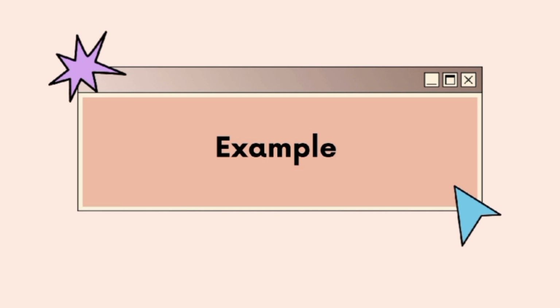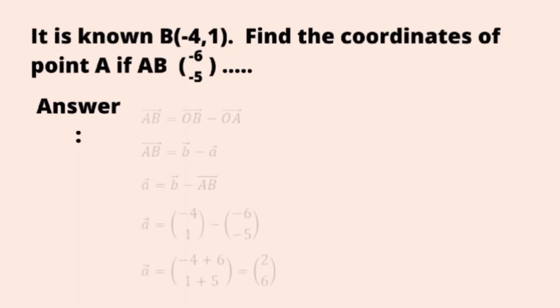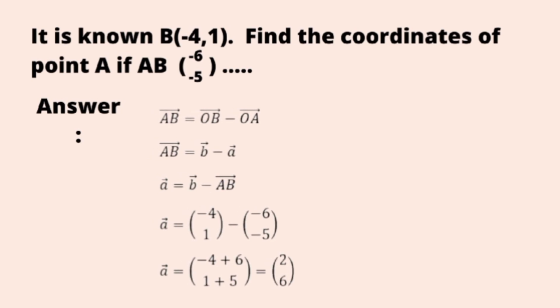So now we will discuss about the example from vector operation. The first example is, it is now B point then negative 4, 1. Find the coordinates of point A if AB negative 6 and negative 5. The answer is AB vector equals to OB vector negative OA vector. So we can looking for that AB vector equals to B vector negative A vector.